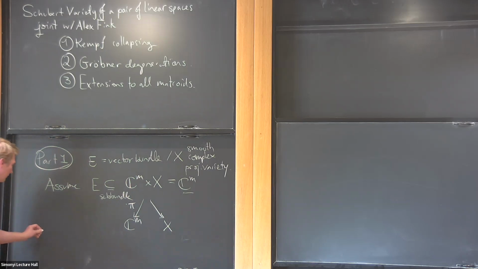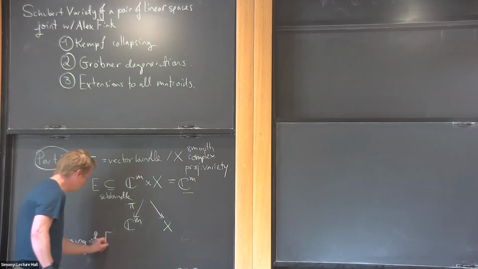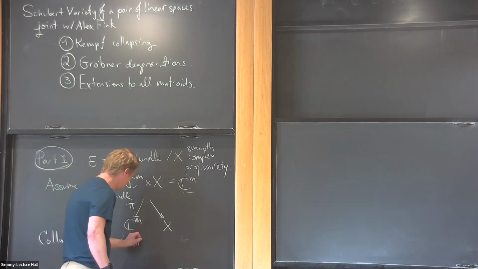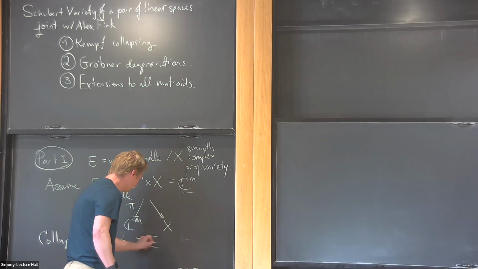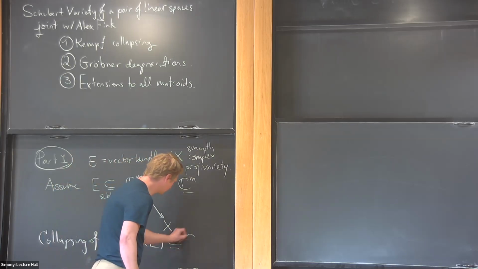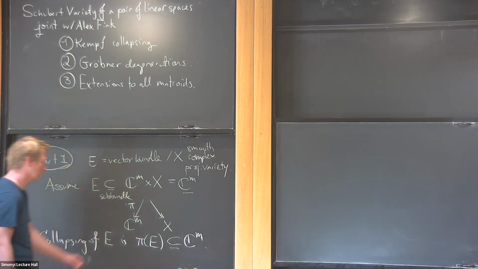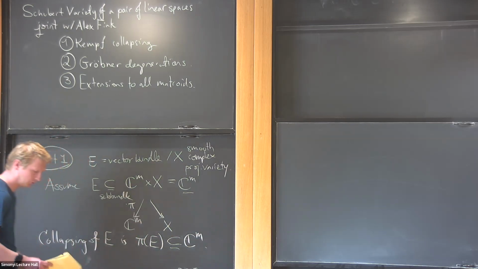And then the collapsing of E is the image of E under this projection mapping. So this is going to be some closed subvariety of C^M. So it's an affine variety.